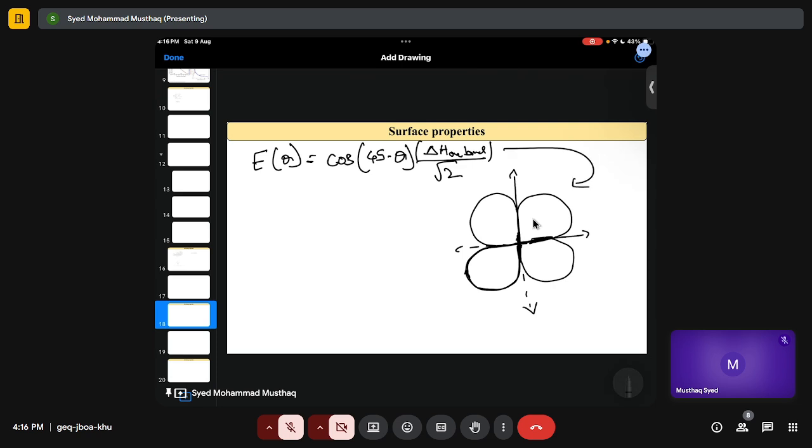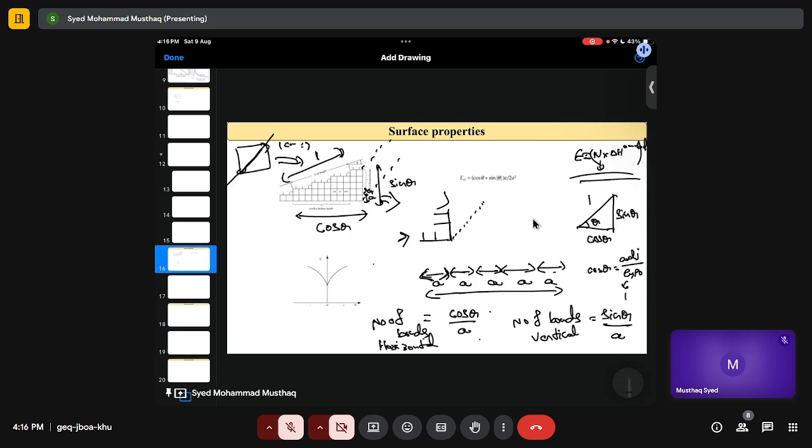Okay. Now, what does it imply? So good. We have moved from a simple cubic structure to a grain, and then we have cut a grain in half, not in a perfect manner, but in a diagonal manner.